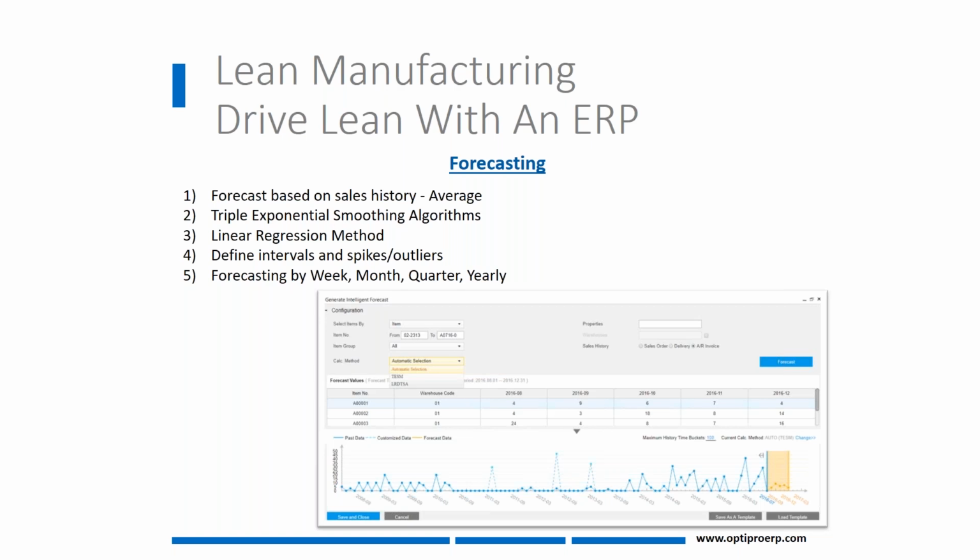Again, ultimately you want the forecast that you're actually making in the short-term bucket to be sold items, and what we're looking out further for forecasting is merely for planning purposes. So those are your objectives within forecasting.